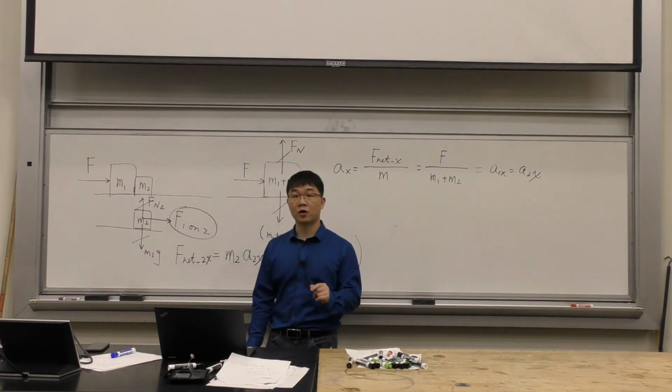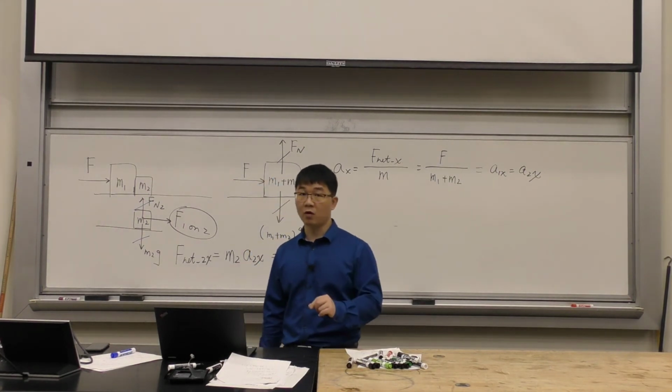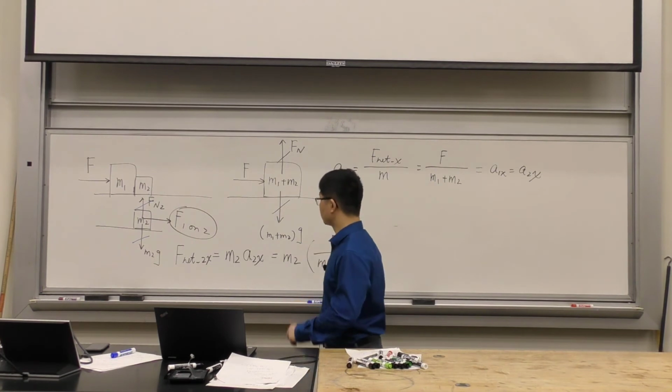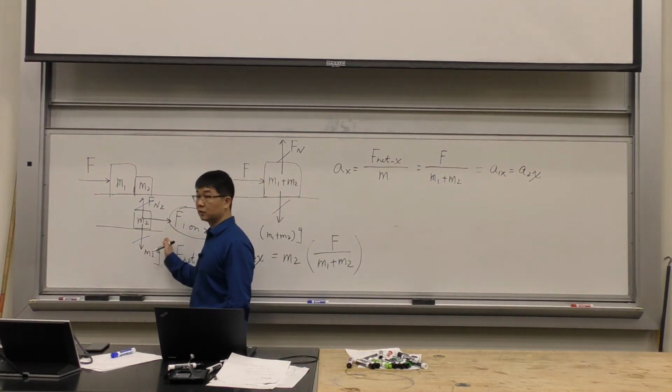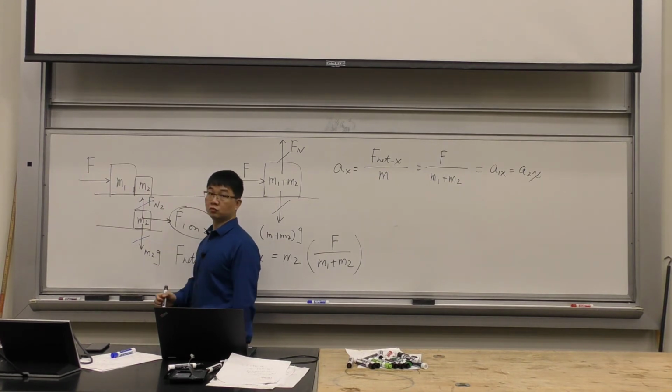And in this part, it's easy because if I show you this free body diagram and I ask you, what is the net force on M2? You would just tell me, well, that's easy. Normal force and gravity cancel.